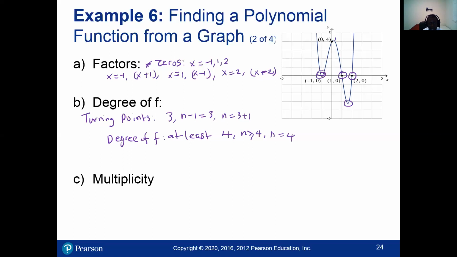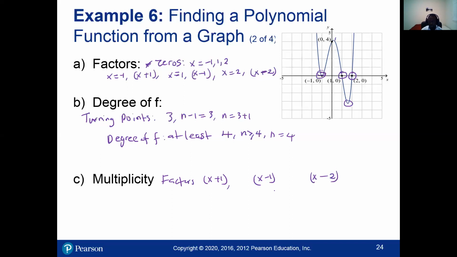So now let's talk about the multiplicities. Here are our factors: x plus 1, x minus 1, and x minus 2.